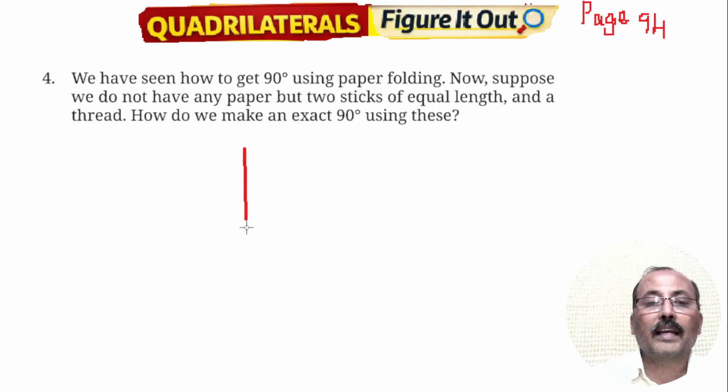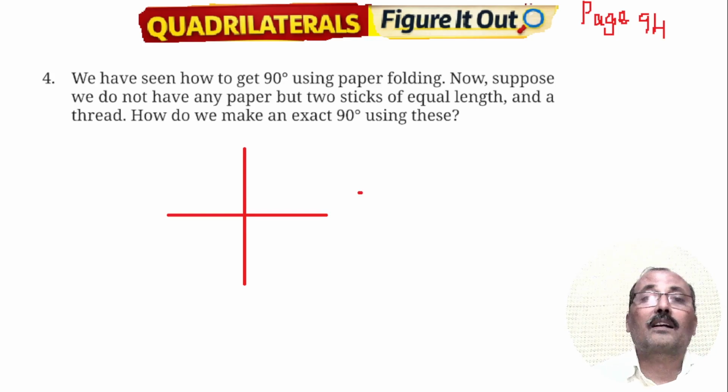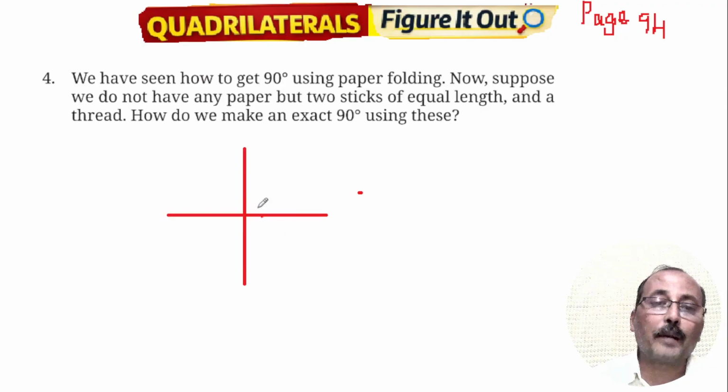Now let me take the 2 sticks and arrange them like this, such that they are perpendicular. But they are not yet; we have to prove mathematically that they are perpendicular, now I have just kept it.